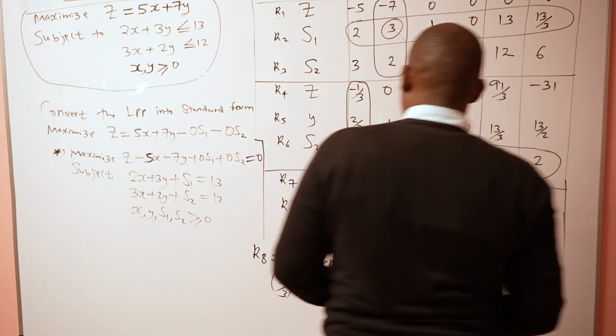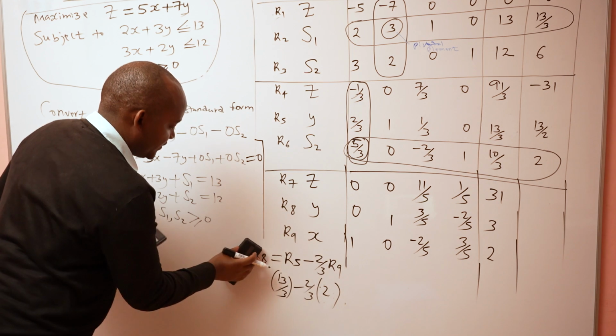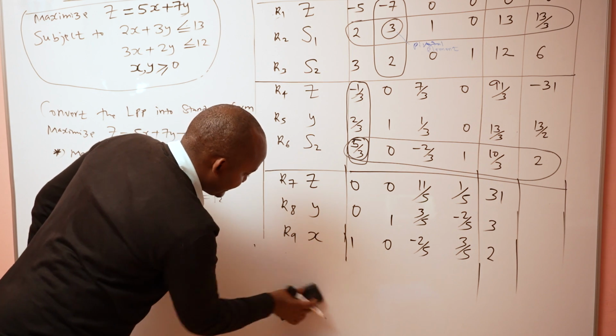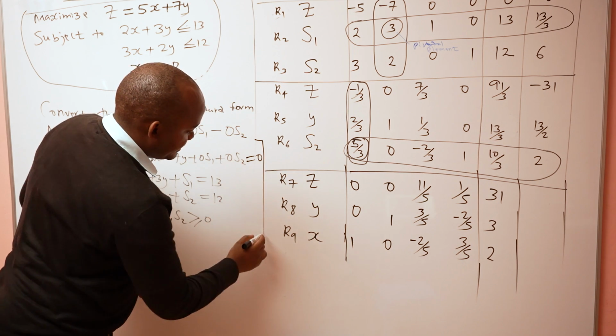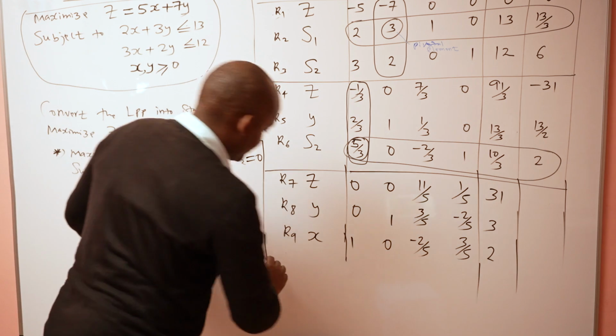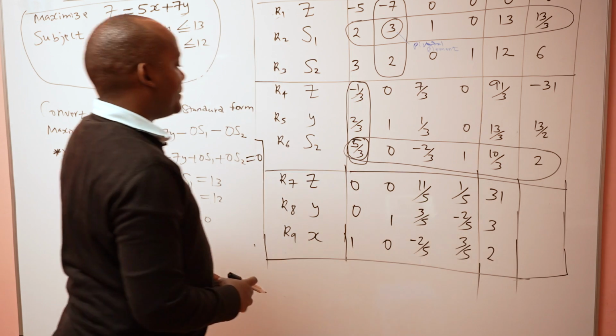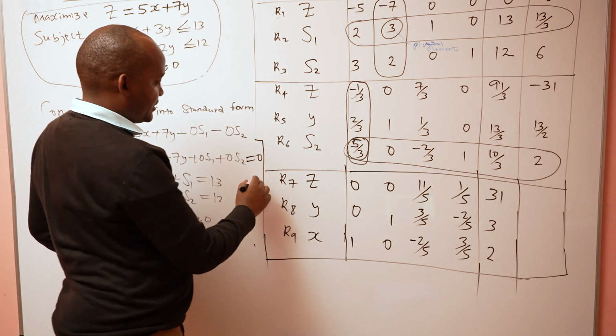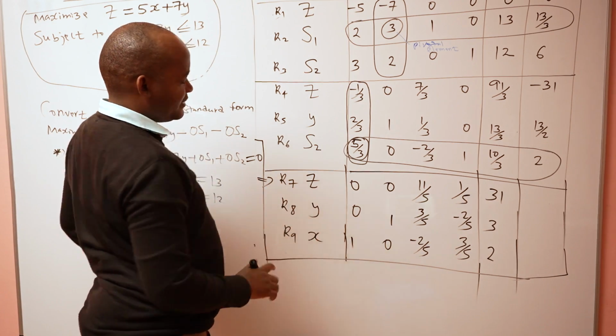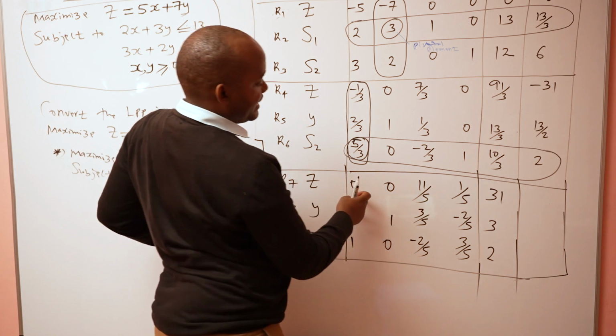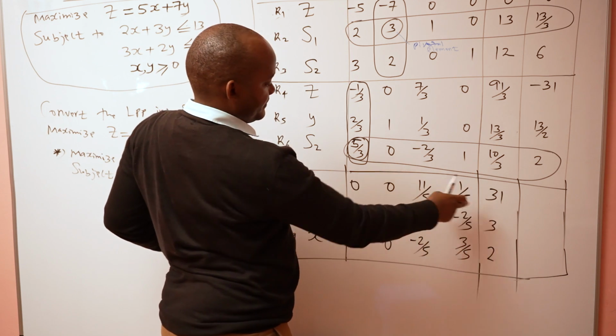The next thing after filling that particular table is to check whether you're going to proceed with the iteration. And how do you know where to stop? If you look at this row number 7, which is now the objective row, you realize that we do not have a negative value here.